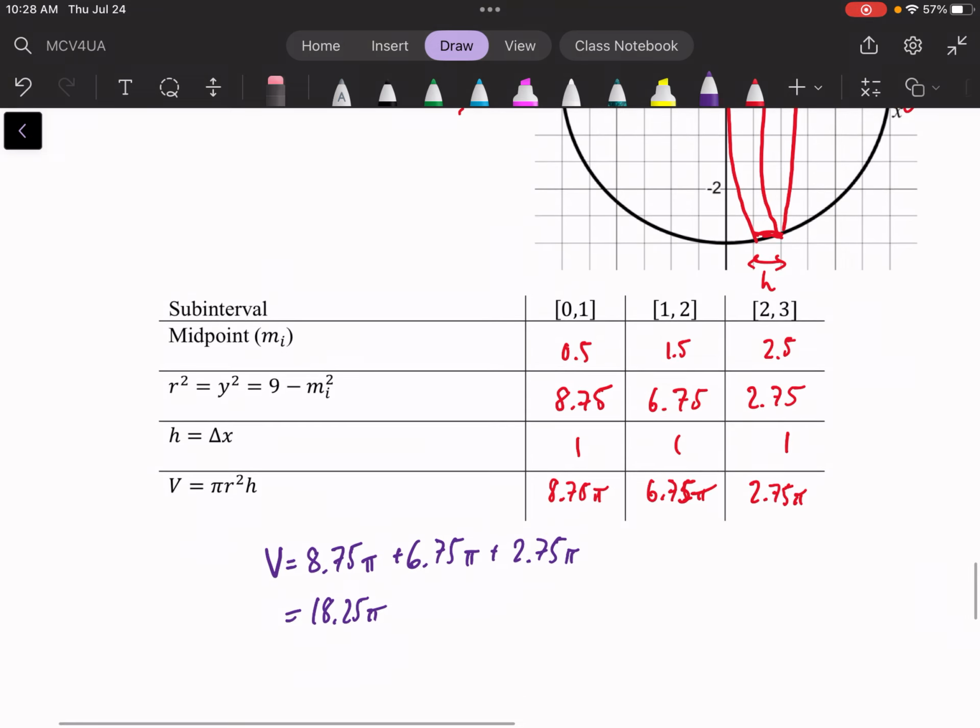Let's actually compare this to the actual volume of a sphere. You know the volume of a sphere formula. It's 4/3 pi r cubed. In this case, r is the value 3. So 4/3 pi, 3 cubed.